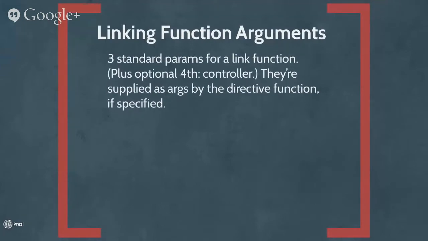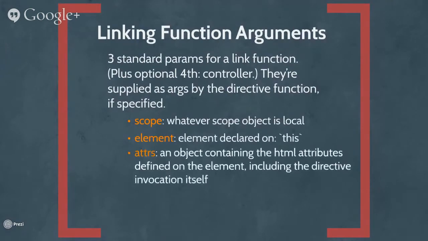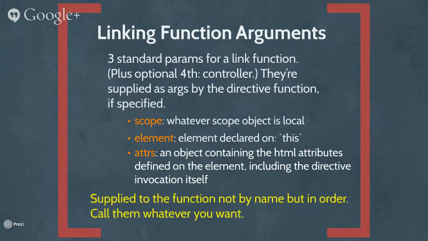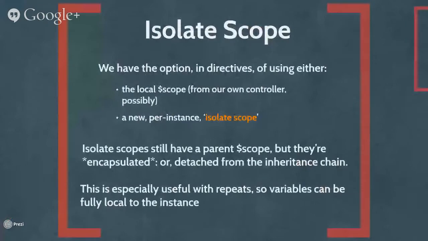These things are supplied by the directive function, and they are scope, element and attributes. They're not like providers, so they have to be in the specific order as they're put in. So let's go over it.